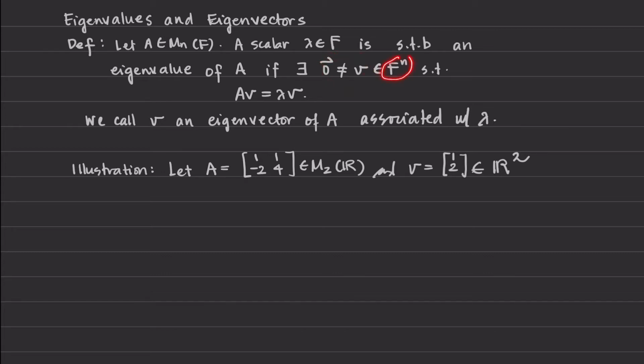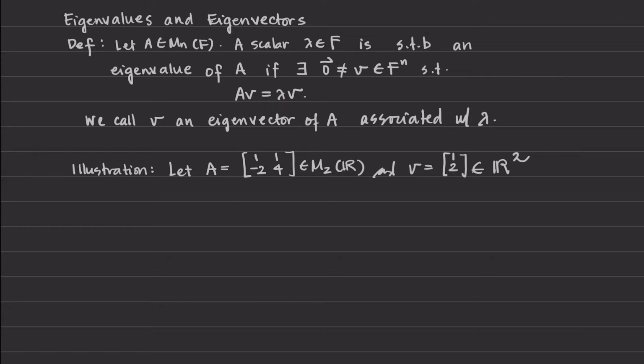So, ang ibig sabihin nito, set of column vectors lang yan, na ang entries ay nanggagaling doon sa ating F, tapos n yung dami nila. You have n rows. That's why F to the n yung notation. Okay? So, such that AV is equal to lambda V.